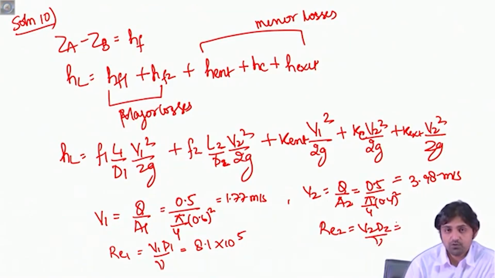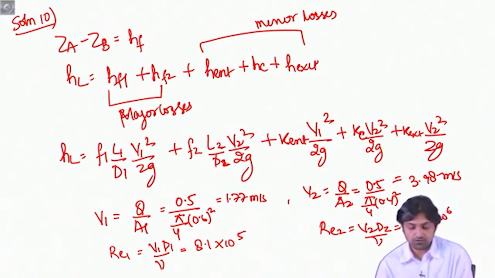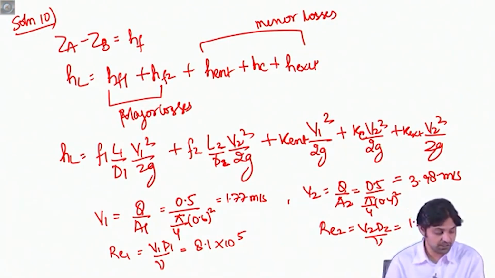The reason is we want to calculate the major head loss, and major head loss will depend upon F. F is the friction factor which will depend upon Reynolds number and epsilon by D. So this comes out to be 1.22 into 10 to the power 6.